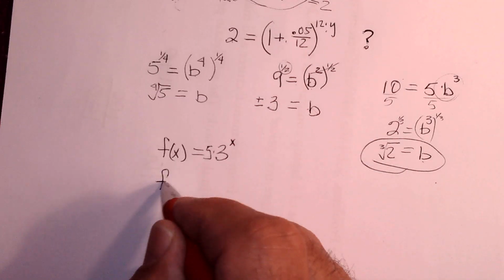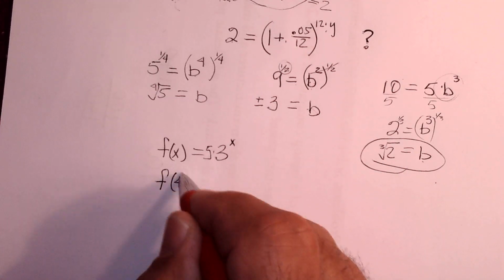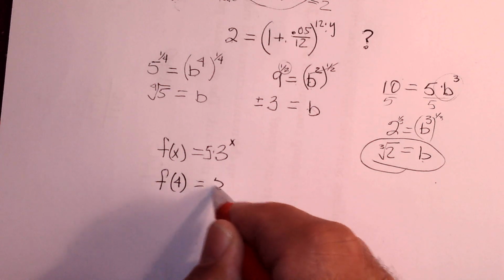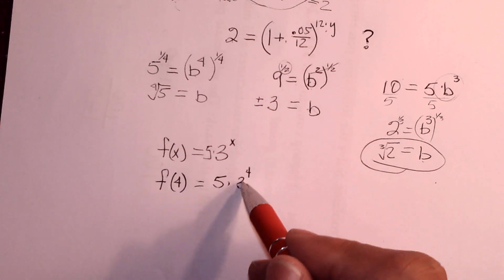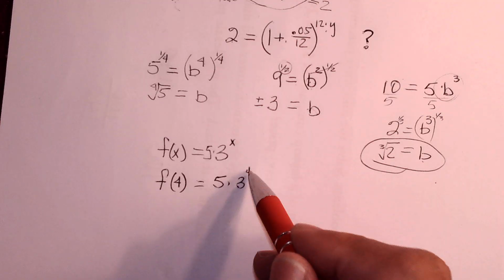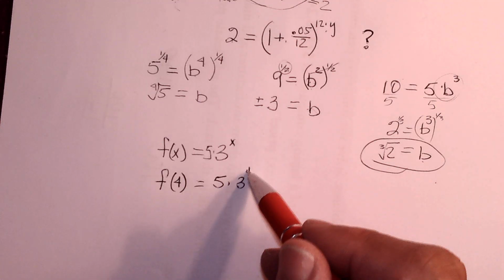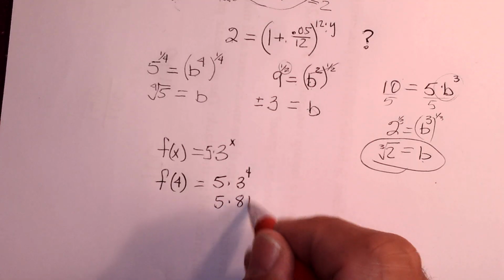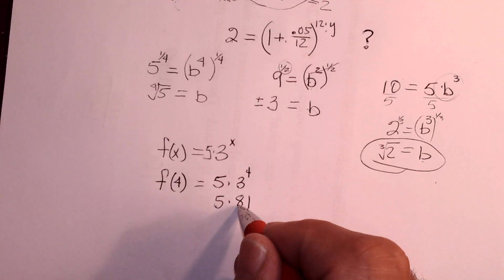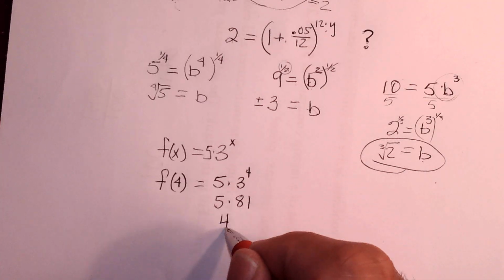So what's f of 4? Well, that's pretty simple. We just type 5 times 3 to the 4th. 3 times 3 is 9, times 3 is 27, times 3 is 81, times 5, which is 405.